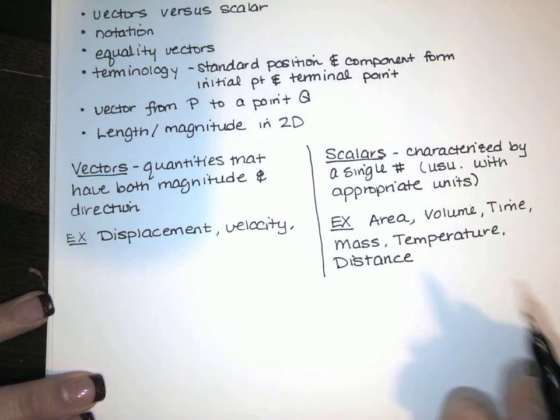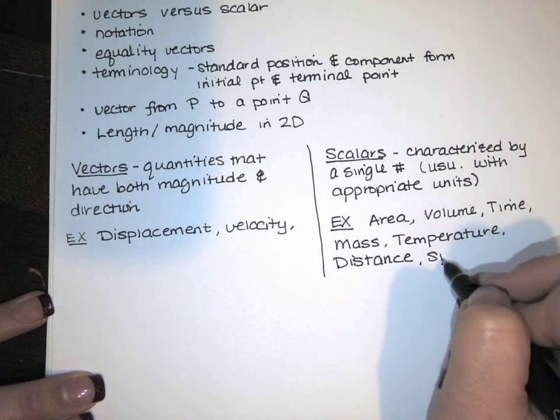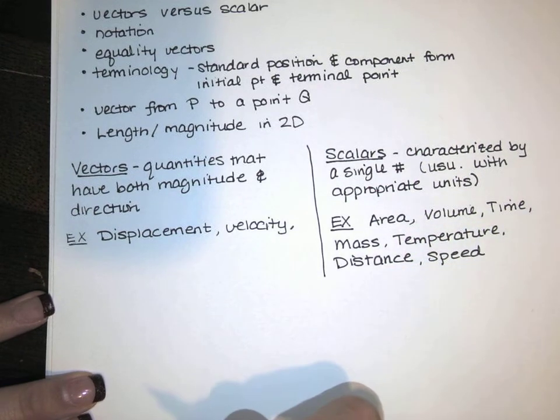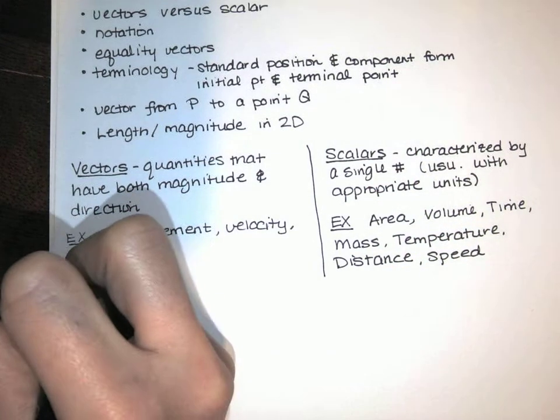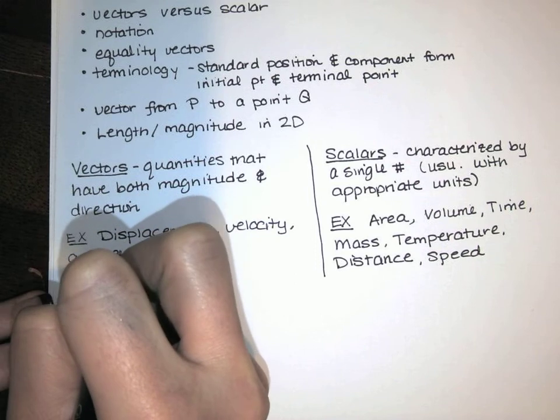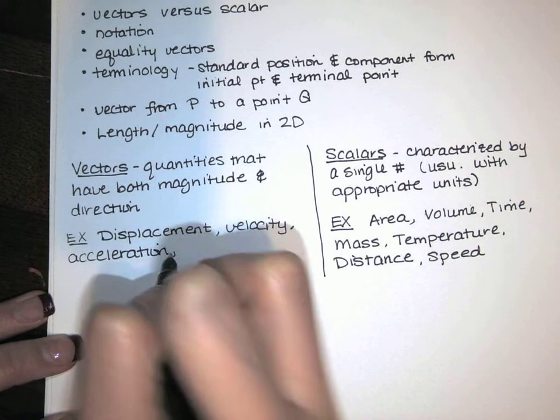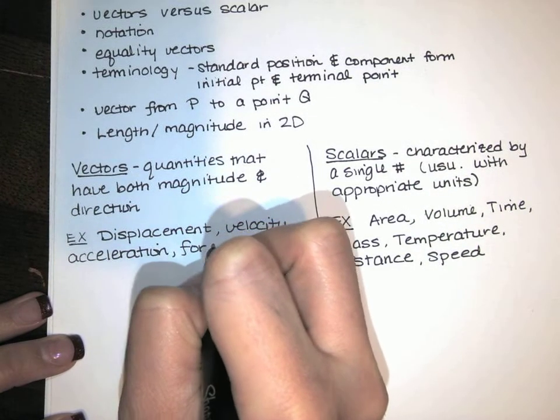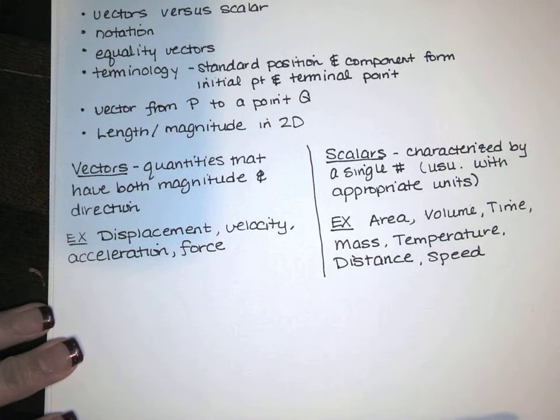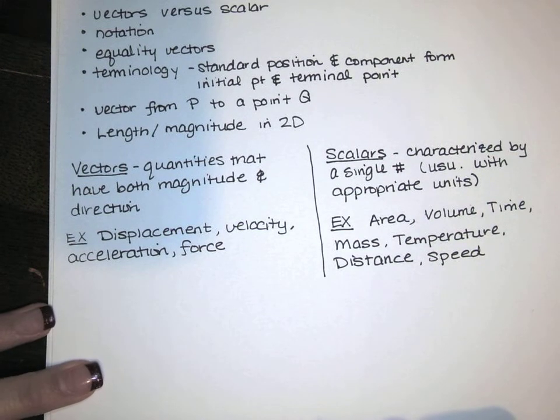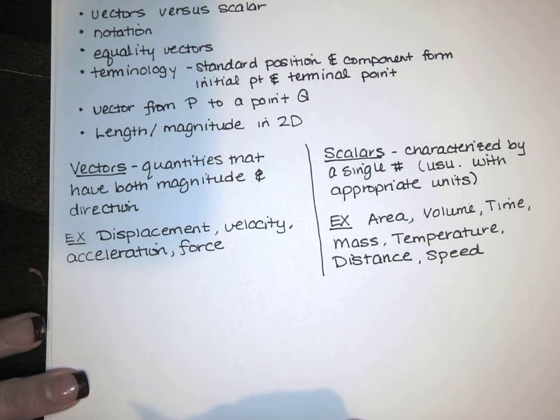The magnitude of velocity is speed, so that's a scalar. Acceleration is also a vector. If you've had physics 1, force is a vector. Are there any other vectors that you can think of? We got displacement, velocity, acceleration, force. That's good enough for right now.